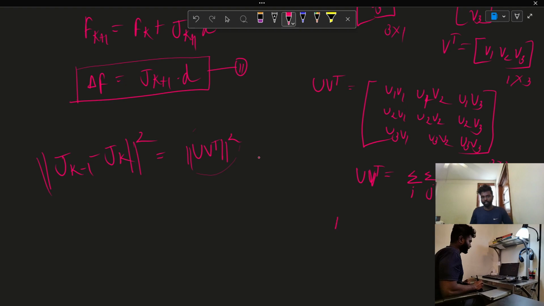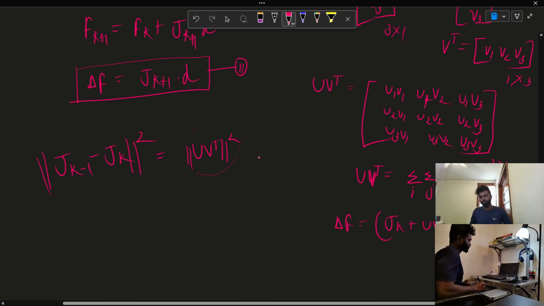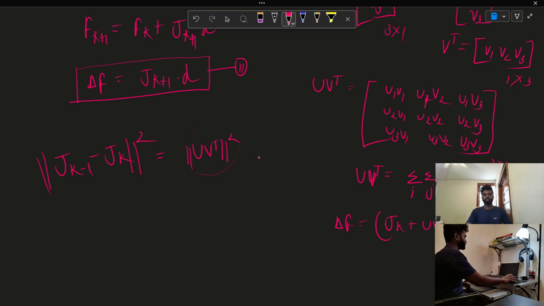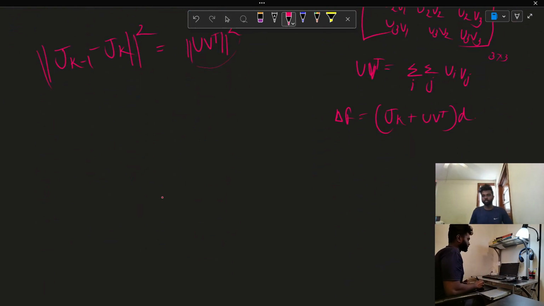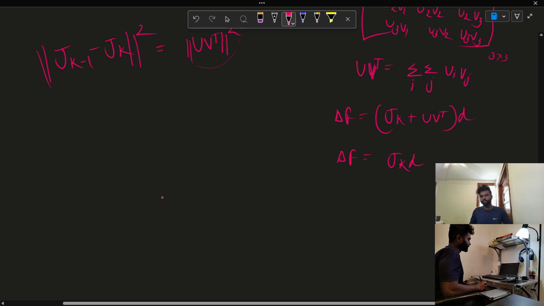So delta f will be equal to, in place of J_{k+1}, J_k plus u v transpose, into d. I just put this value in place of J_{k+1}.